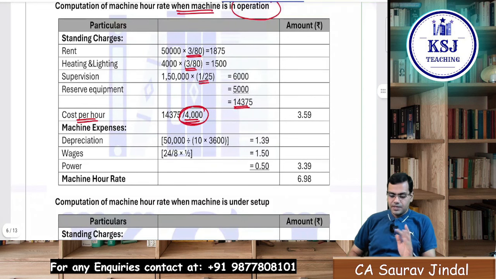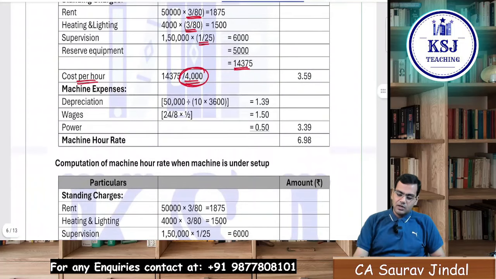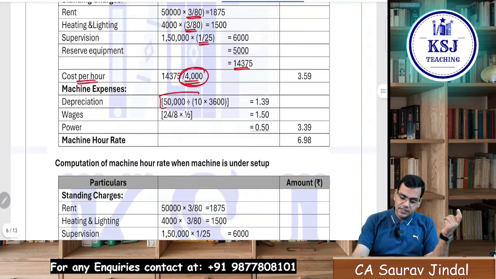Then depreciation has been calculated, sir. Depreciation is very simple, 50,000 for the whole year, divided by 3600, that will give you the per hour depreciation.